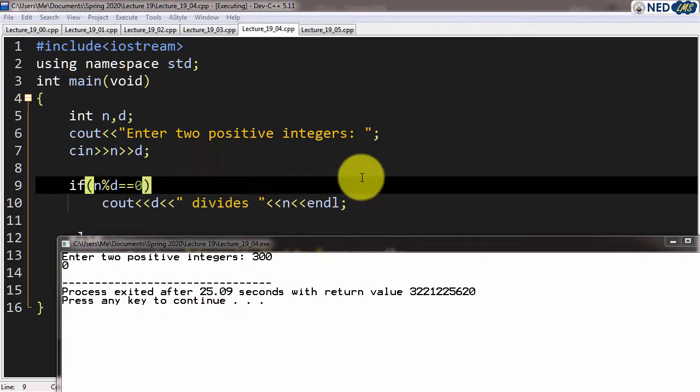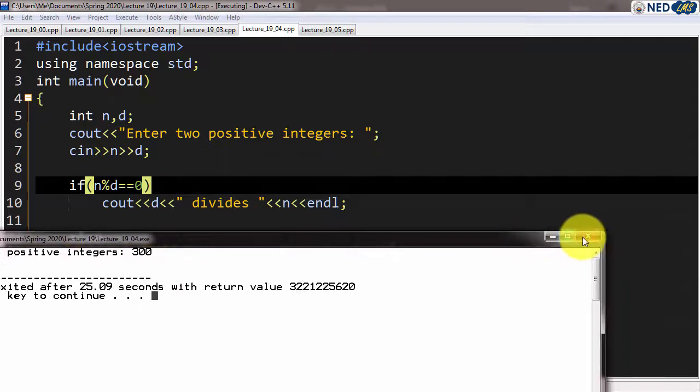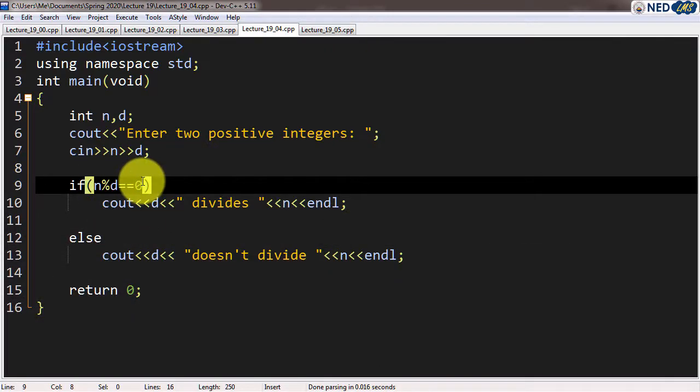To prevent this from happening, we need to use short circuiting. I need to check first that this thing is not equal to 0. Otherwise we have the divide by 0 problem over here.